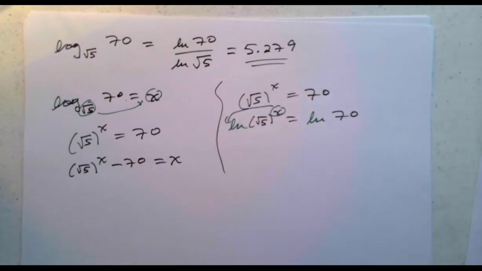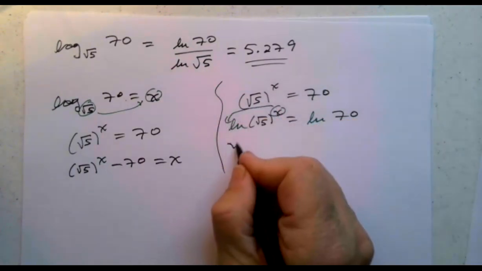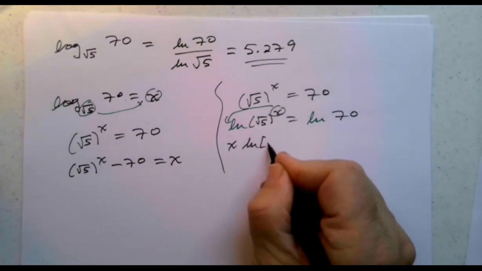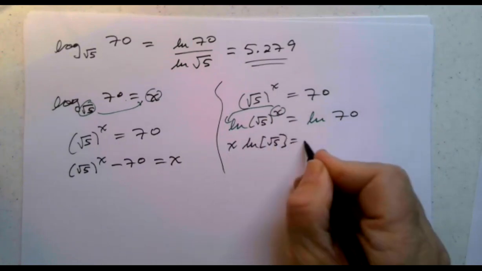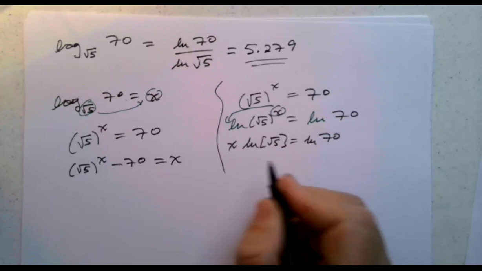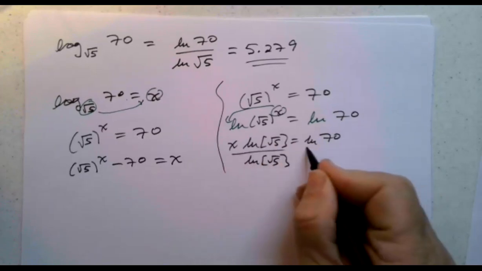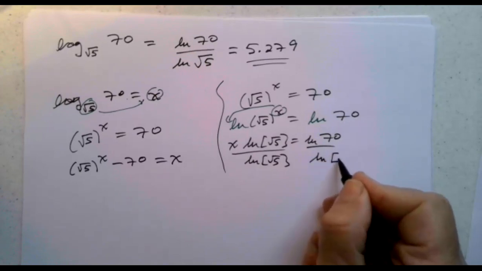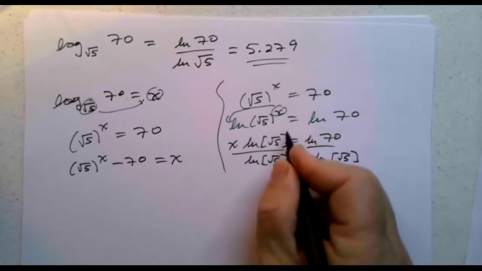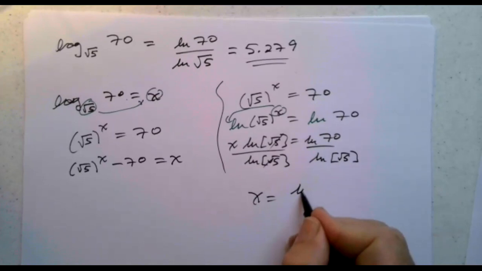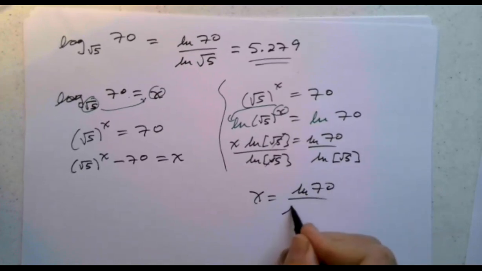So I get x times natural log root 5, excuse me, equals natural log 70. And I divide both sides by natural log root 5. And you can see my answer that I did with change of base theorem shows up again. X is natural log 70 over natural log root 5.